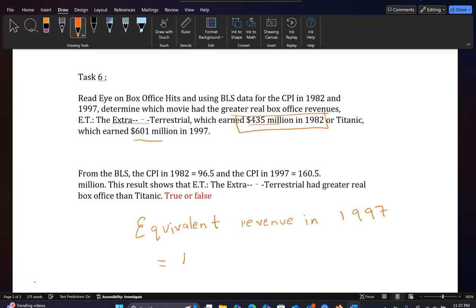This is going to be equal to the 1982 revenue. Gonna multiply this times CPI in 1997 over the CPI in 1982.